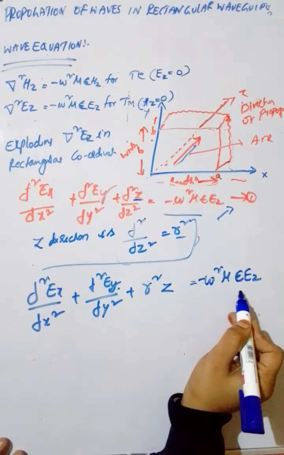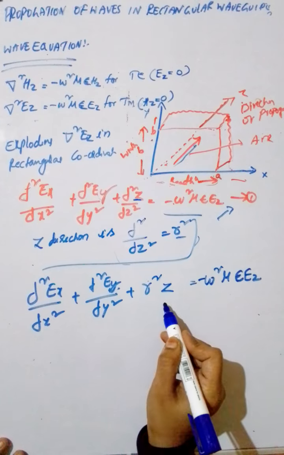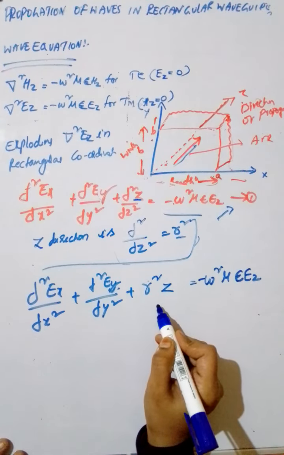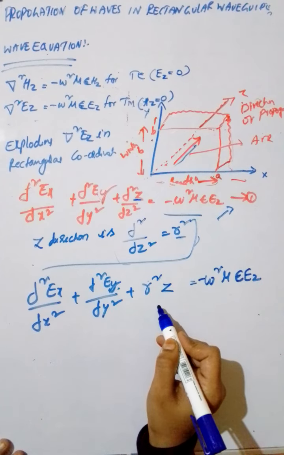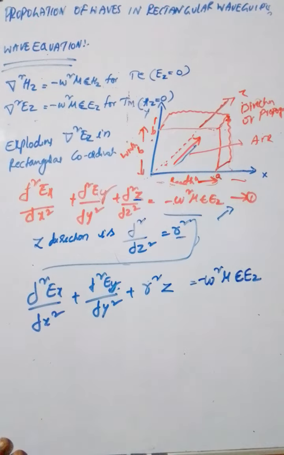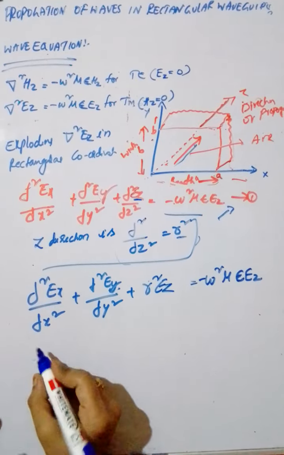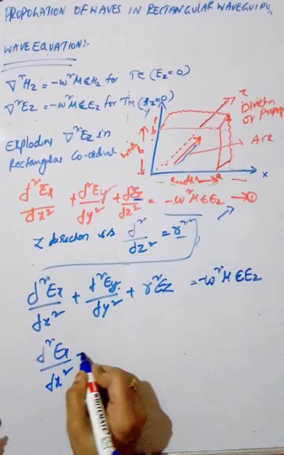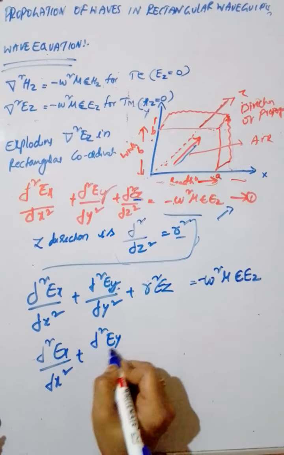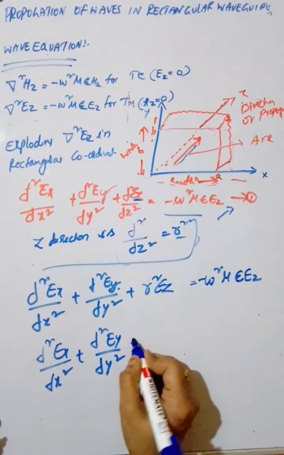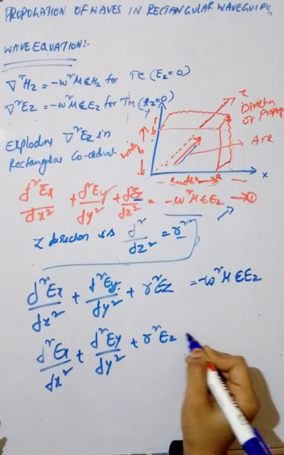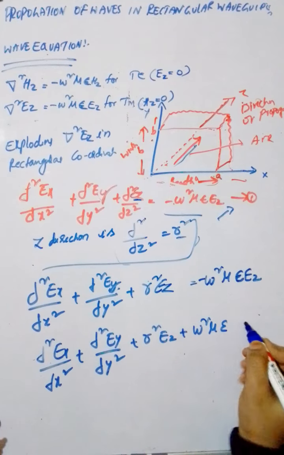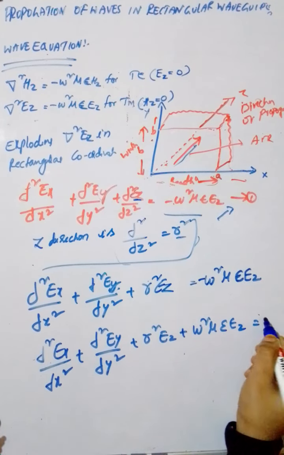Now we have to send all those terms to one side. What we will get? The equation is dou square Ex by dou x square plus dou square Ey by dou y square plus r square Ez plus omega square mu epsilon Ez is equal to 0.